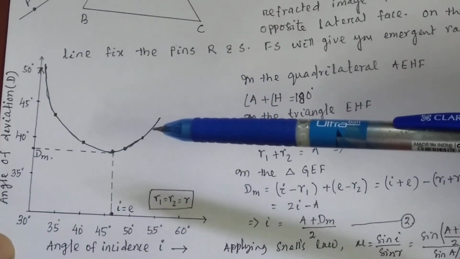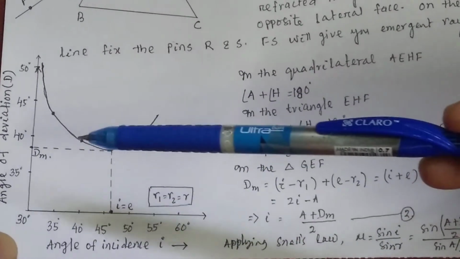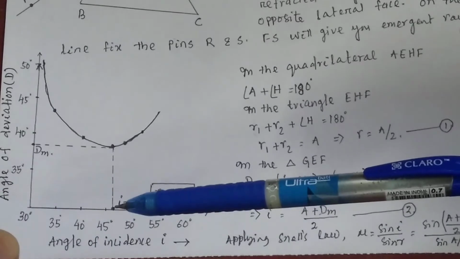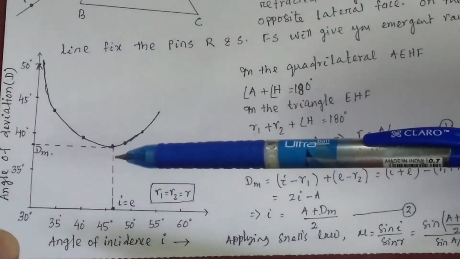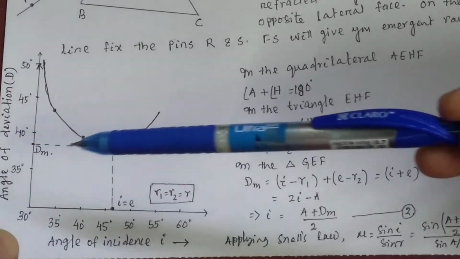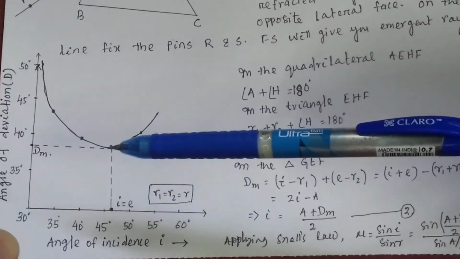From this graph you will see that for an angle of incidence of about 47 degrees, the deviation will be nearly 37 degrees, which is the minimum deviation.